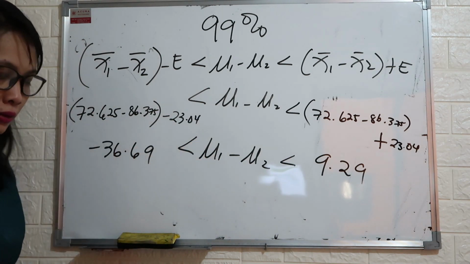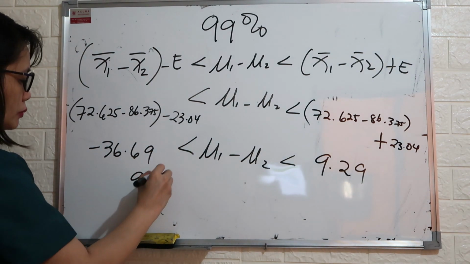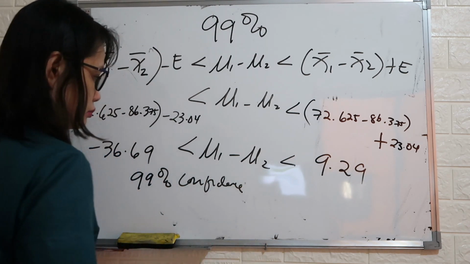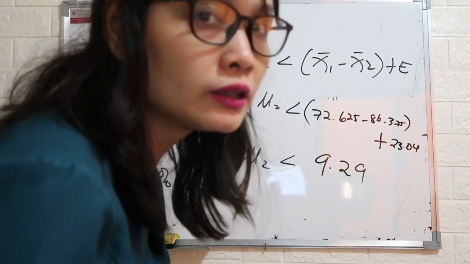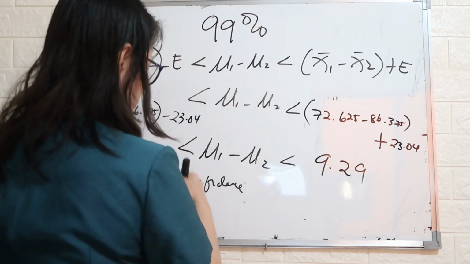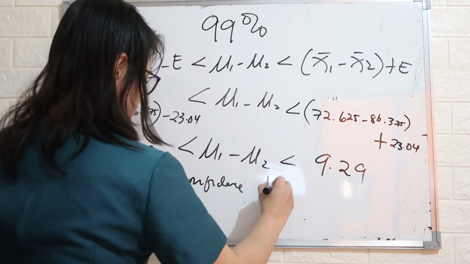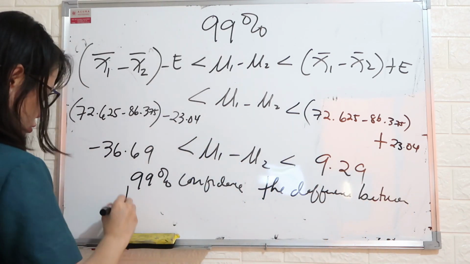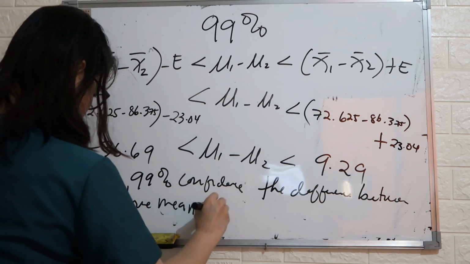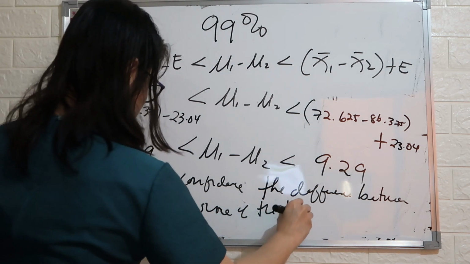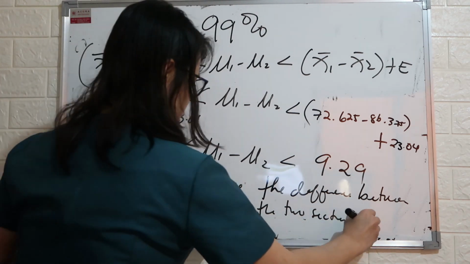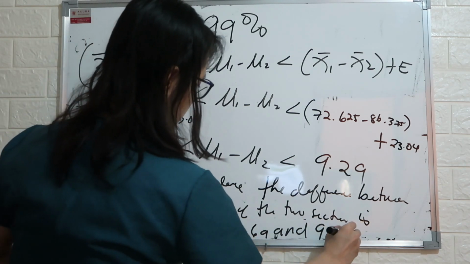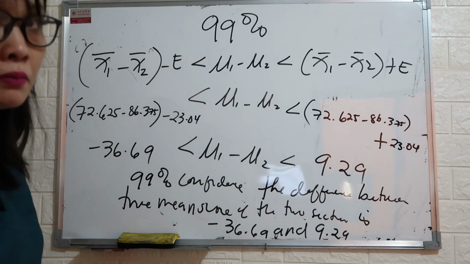So therefore, the 99% confidence interval for the difference between the true mean score of the two sections is the difference of 36.69 and 9.29.